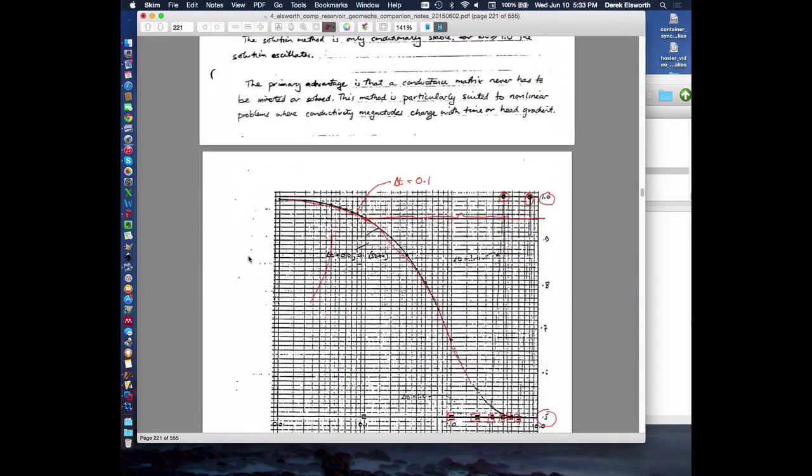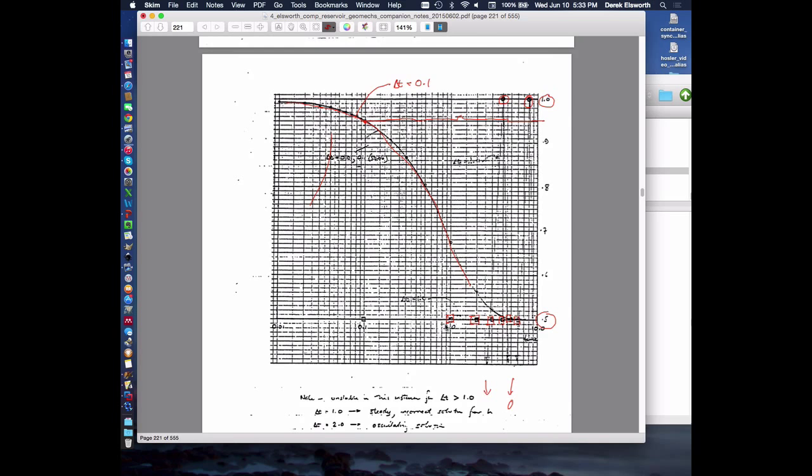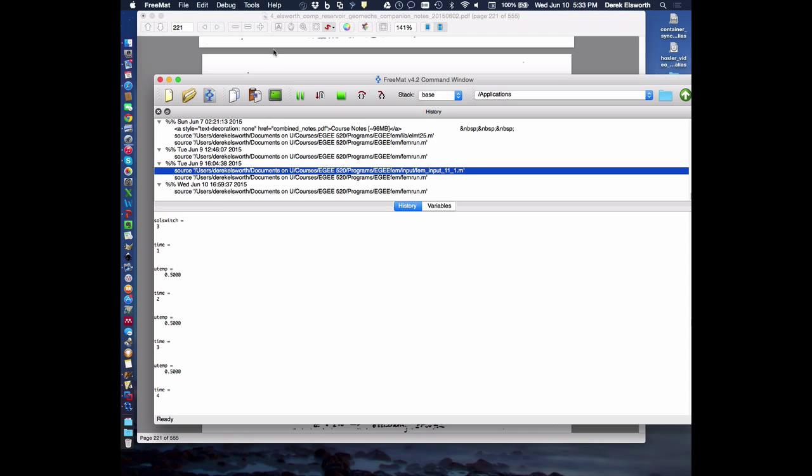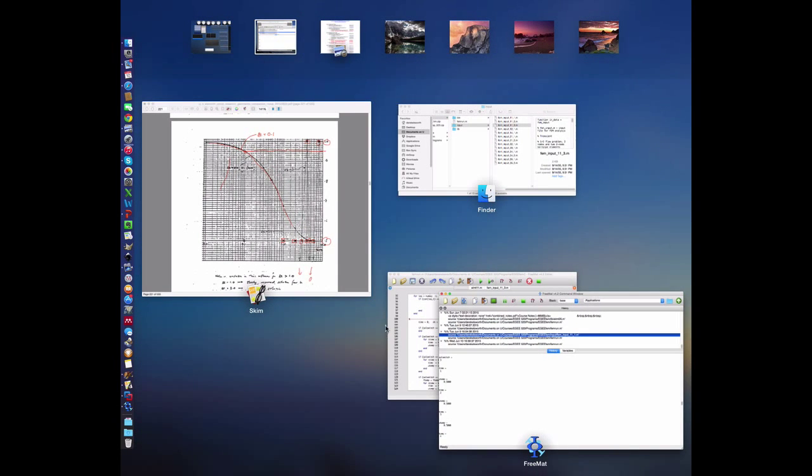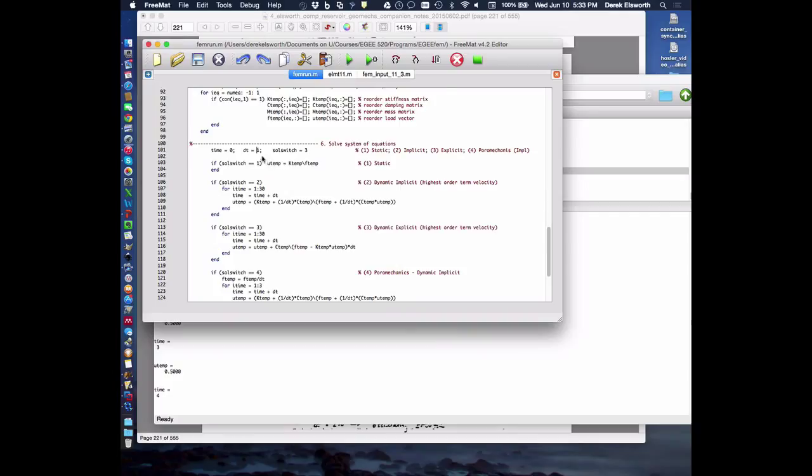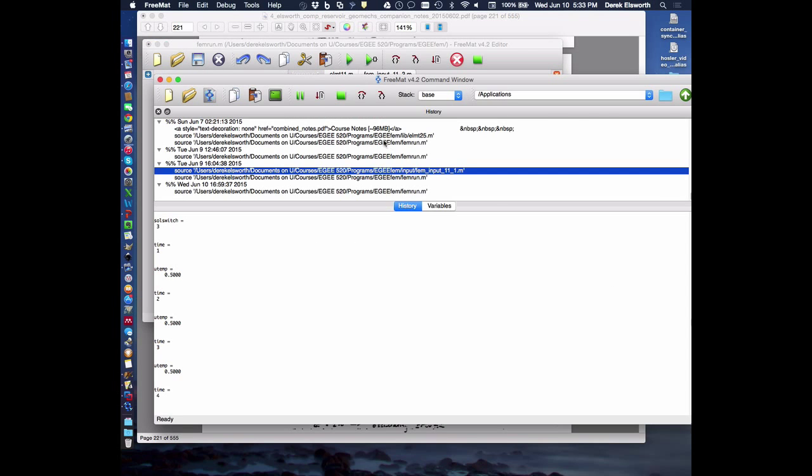It's just drawn here, if you did it for 1, 2, 4, 6, 8, 10. Now if we do it for 2, let's clear it, let's run it.